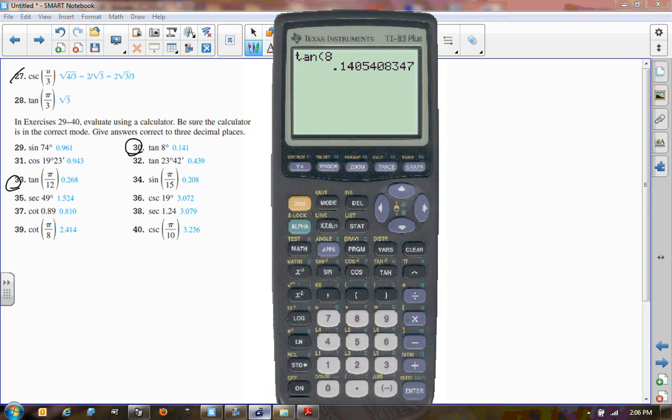All right, so pi over 12 times full circle 2 pi over 360, or pi over 180. So it's 180 on top, pi on the bottom. I want to pick up degrees and get rid of radians. So it's 15. So tangent of 15.